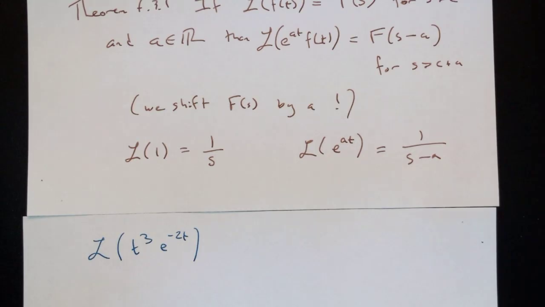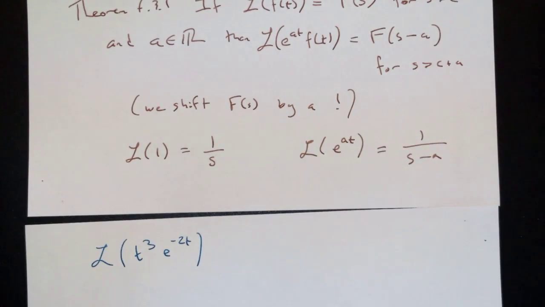But because I can think of this as my a multiplication up here, I just have to think about what I would do to t cubed. So really, I'm going to take the Laplace transform for t cubed, and I'm going to shift my s value.